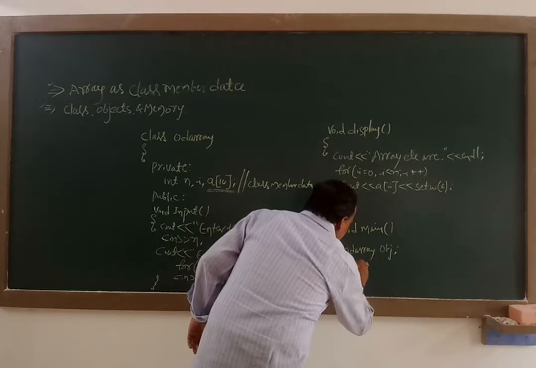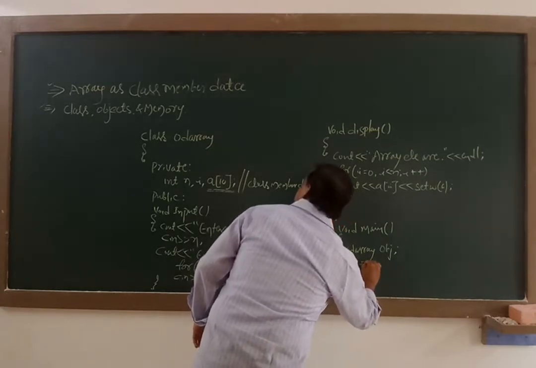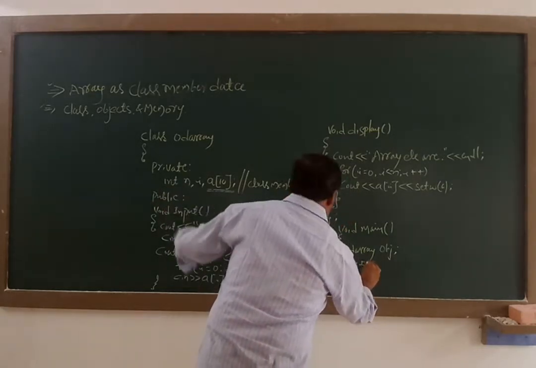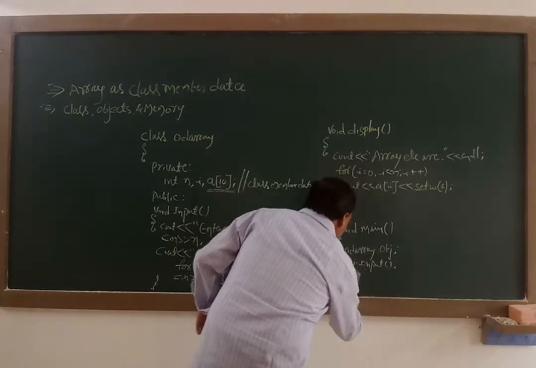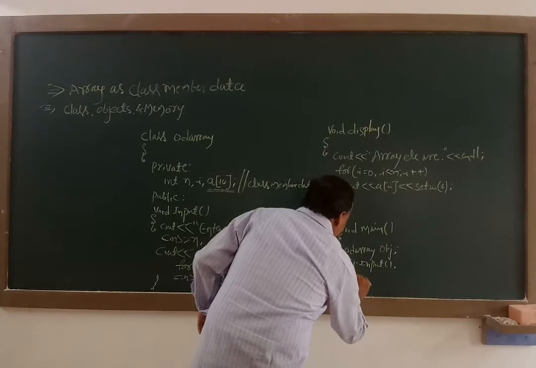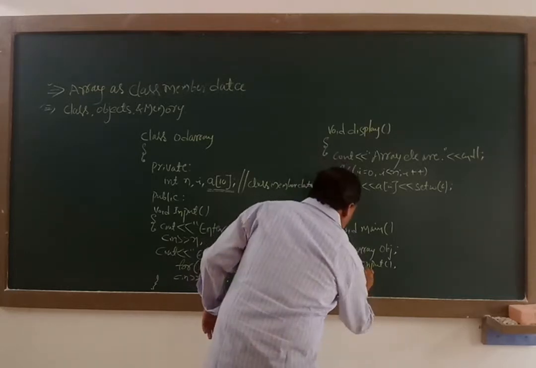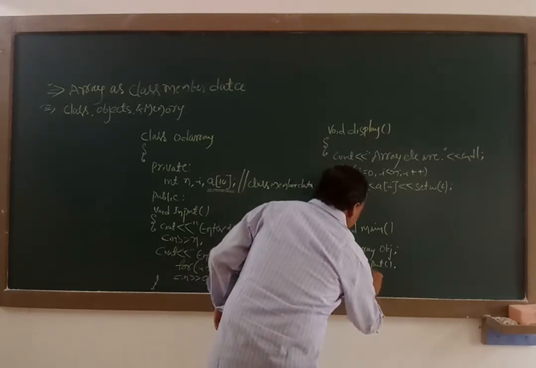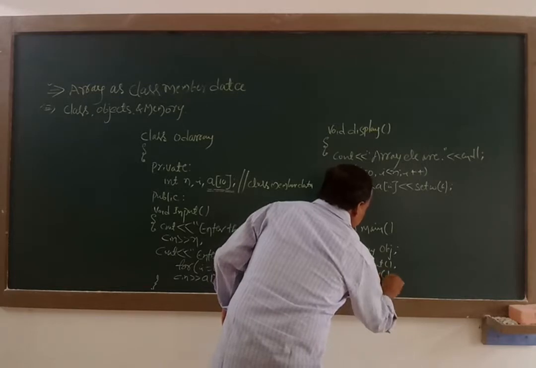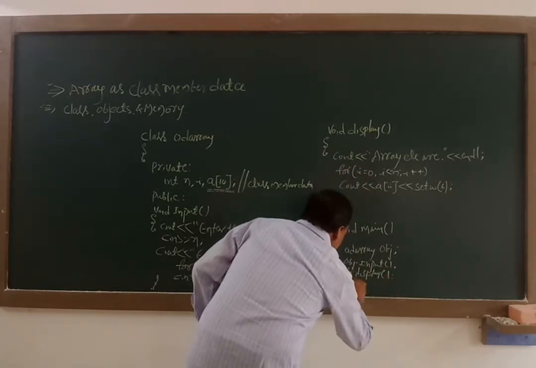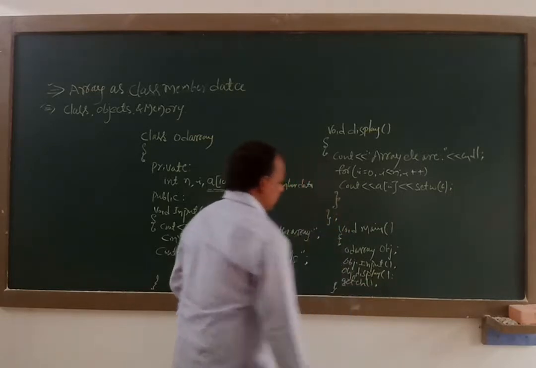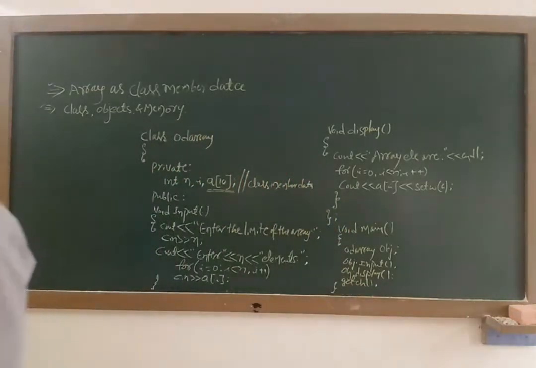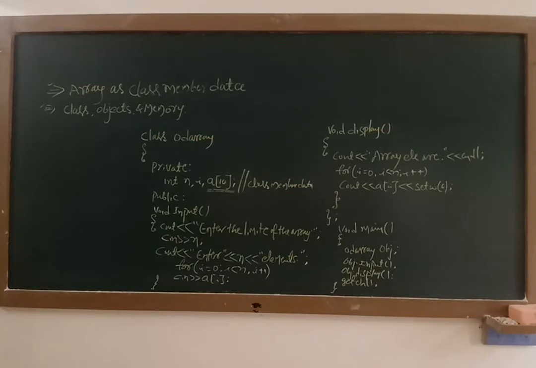That is obj dot input function, obj dot display function, getch, and close the main function, right?